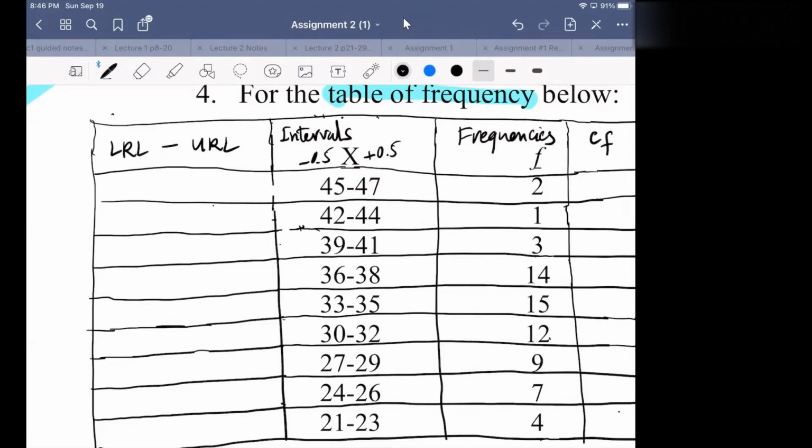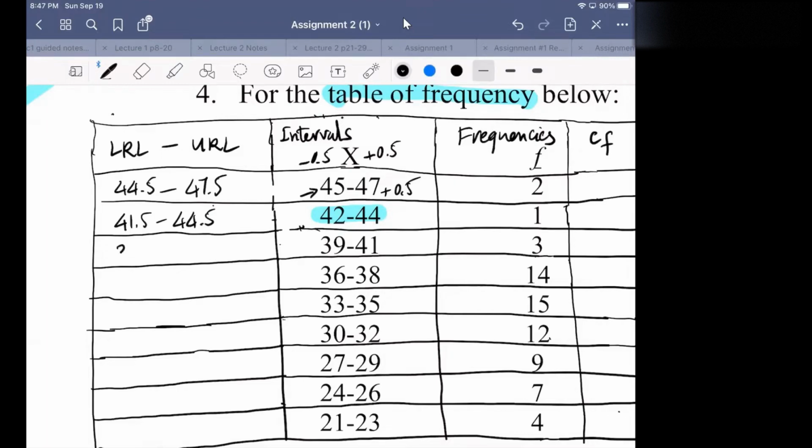So 45, the lower number here is 45. 45 minus 0.5, which is 44.5, and 47 plus 0.5, which is 47.5, and so on. So the next interval is 42 to 44. So 42 minus 0.5 is 41.5, and 44 plus 0.5 is 44.5, and so on.